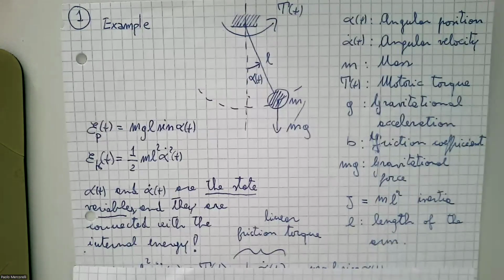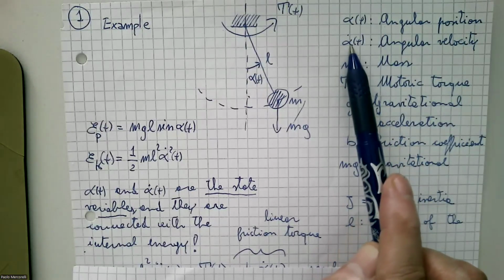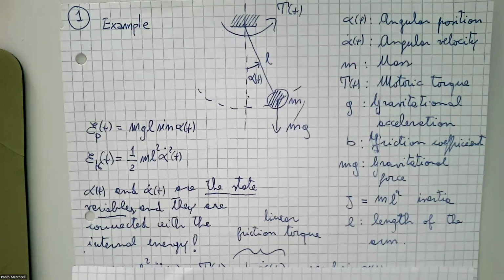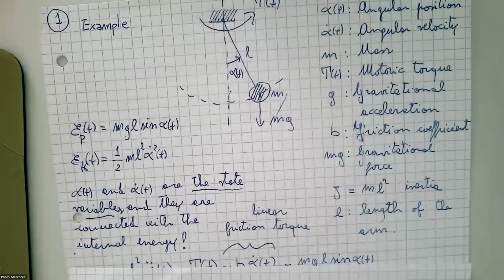Look, why am I considering here alpha derivative? As before, I didn't tell you, but you remember I consider x1 and x1 derivative, and x2 and x2 derivative. In the final representation, we have four equations in which we have four variables.